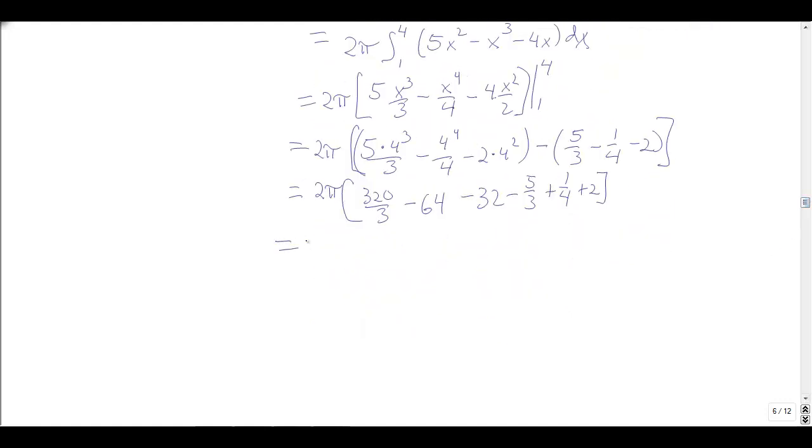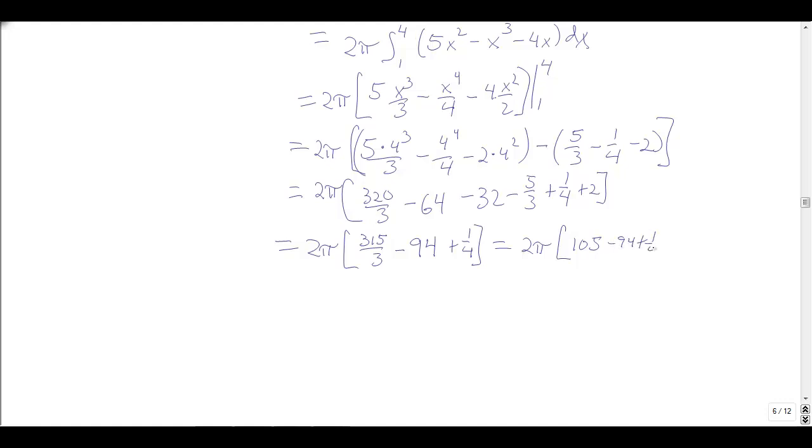So what I get is 2 pi times, let's see, 320 minus 5/3 is 315 thirds. Minus 64 minus 32 is minus 96. Plus 2 is going to be a minus 94. And then I have the plus 1/4 hanging out. 315 thirds, that's actually 105 if you do the division. 105 times 3 gives you 315.